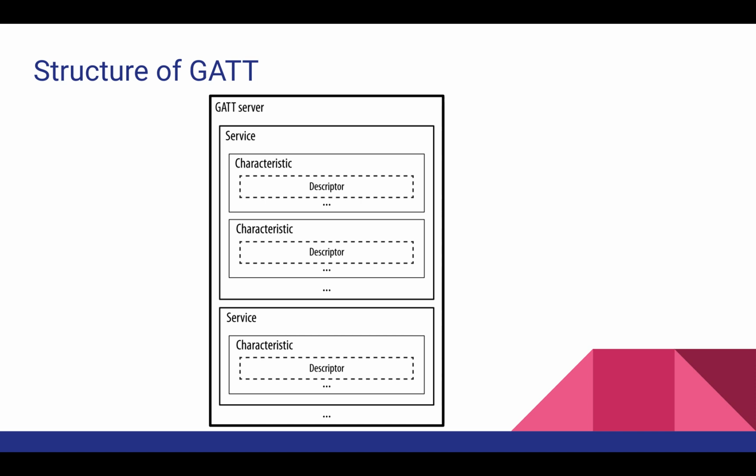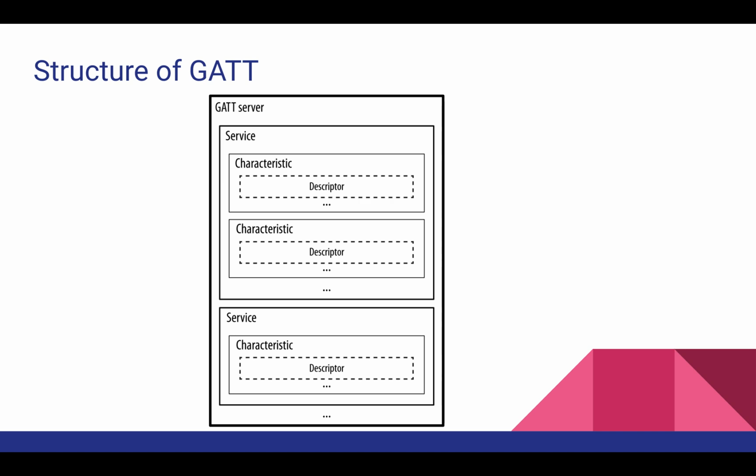Here you can see how the services, characteristics and their attributes are organized. The peripheral has many services, a service has many characteristics, and a characteristic has many descriptors, which are the descriptors of the attributes.